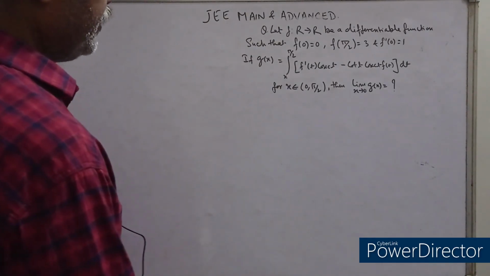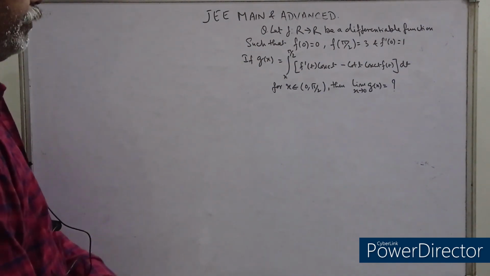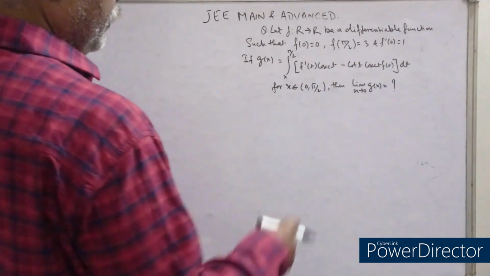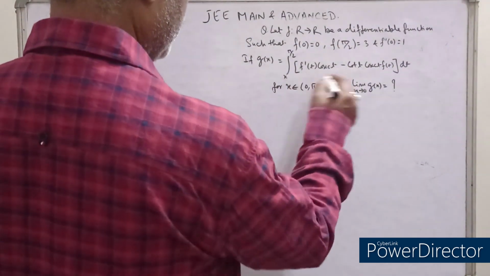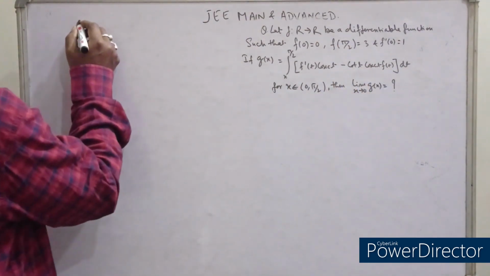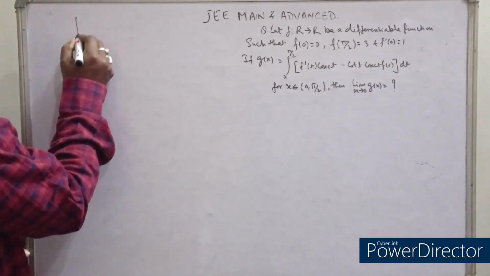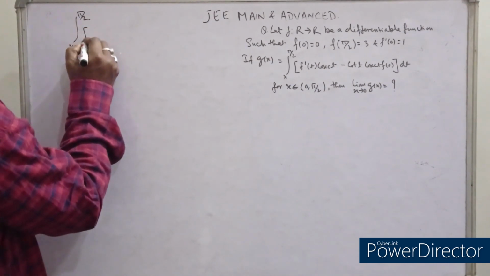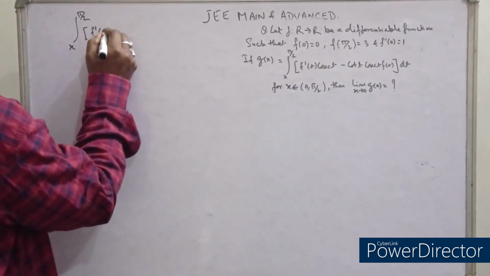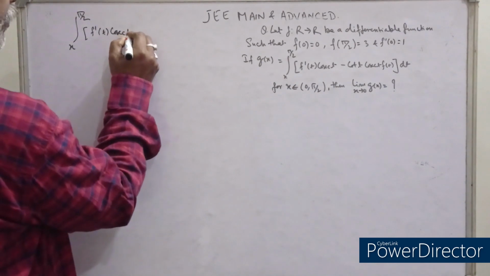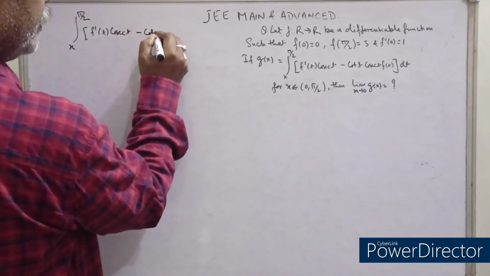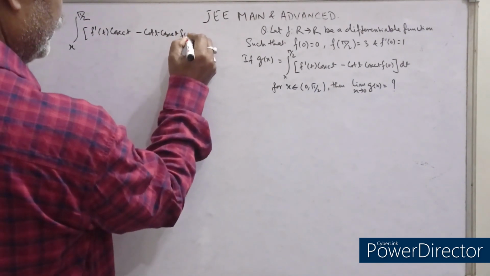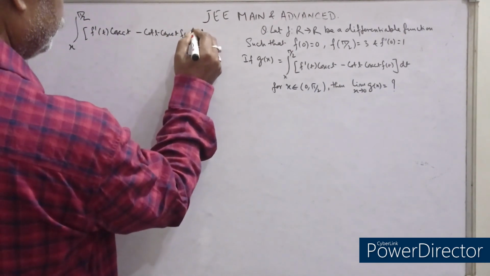Now my next question is this one. Let f from R to R be a differentiable function. These are the conditions. Now let me solve this. So here x to pi by 2, this is f dash t cosec t minus cot t cosec t f t dt.